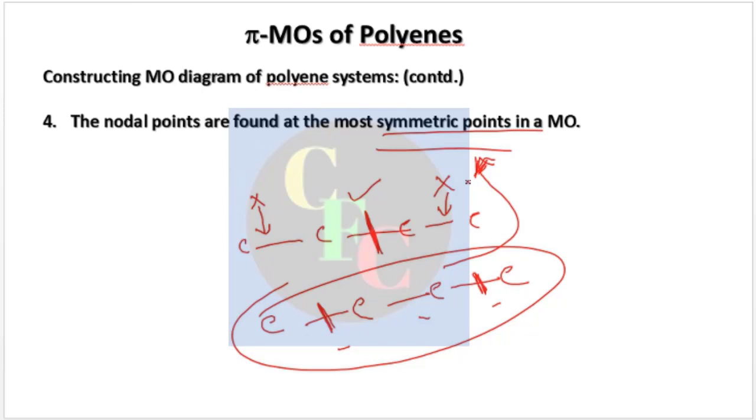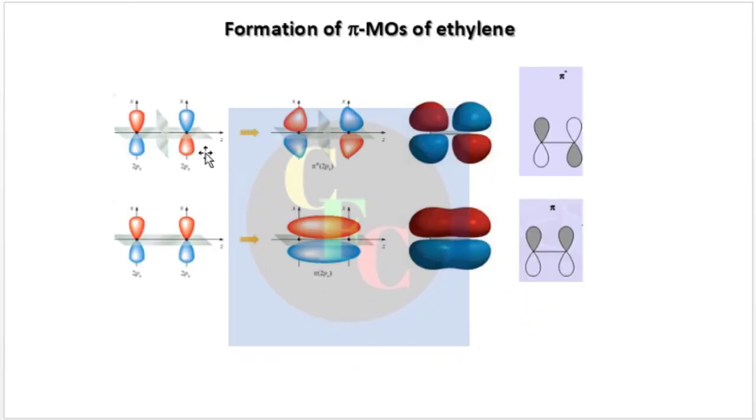Now let us see this picture. We have already seen it in the last lecture, during the discussion of the formation of pi MOs from p orbitals. Similar is the case with ethylene, the smallest alkene. It will have pi orbitals.